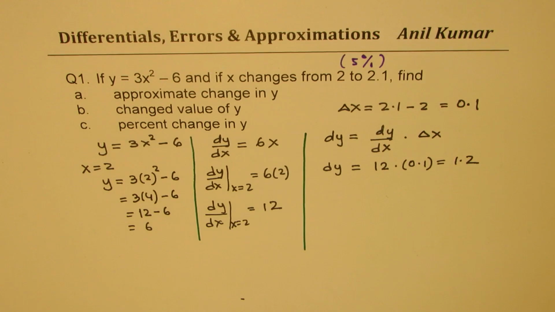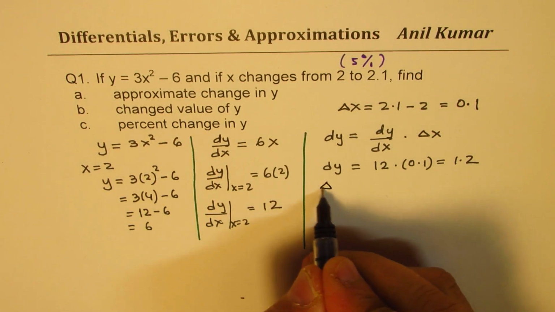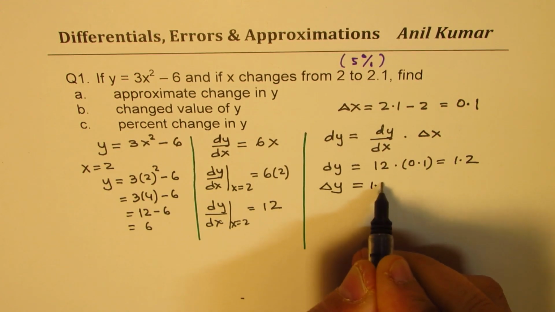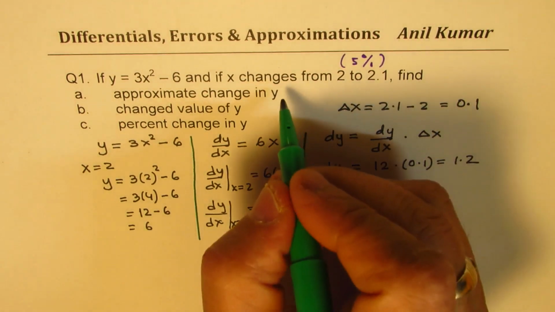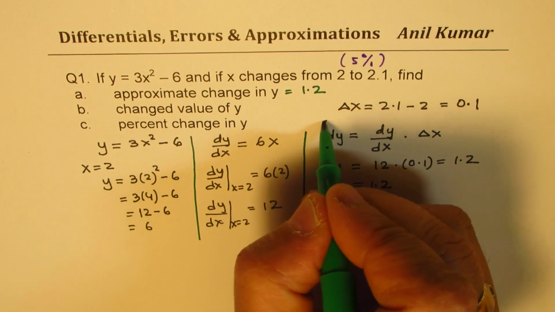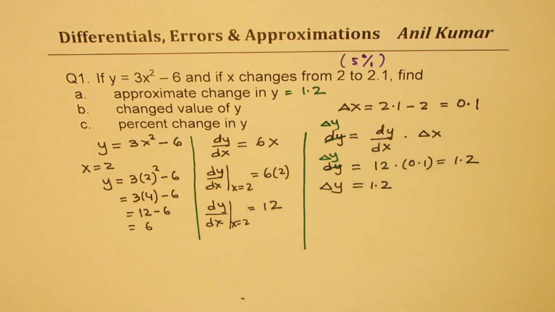So from here we know that the change in y, we should actually write delta y instead of dy. The change in y is 1.2. So the answer for the first part is approximate change in y is equal to 1.2, right? So I should use delta y here basically. Okay. The second part is changed value of y.